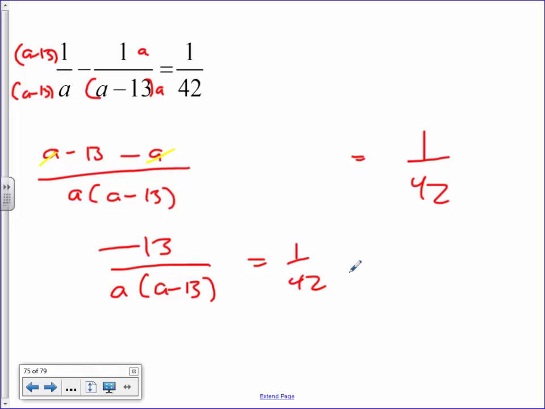Here's about the halfway point. I put the left-hand side together, and I get negative 13 on the top, because the a's cancel, and an a minus 13 on the bottom, and I still have the 1 over 42. If you can get to this point, now you're at the cross multiply step.